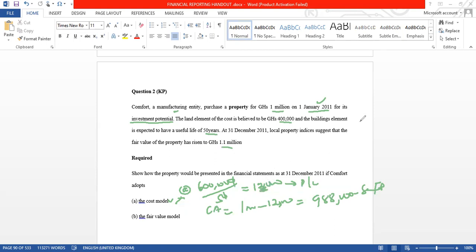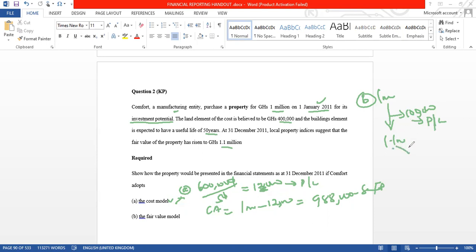All right, this depreciation will never happen. So what you are going to go through is that if the thing was 1 million, it has now moved to 1.1 million. So you're going to have this 100,000 to your P&L as revaluation surplus. All right.